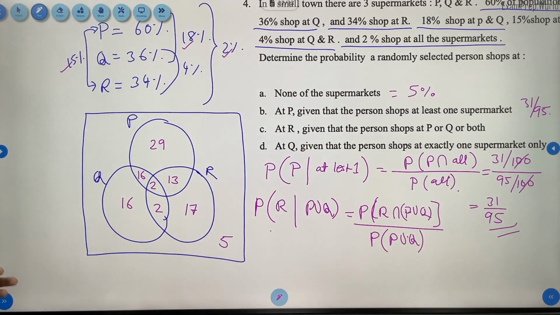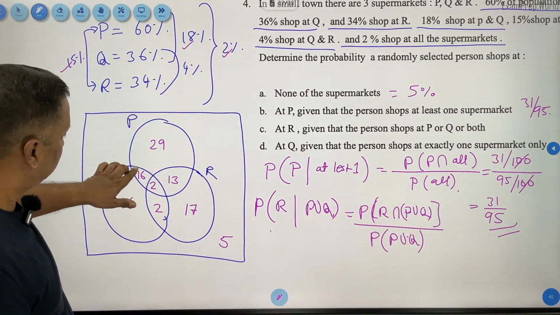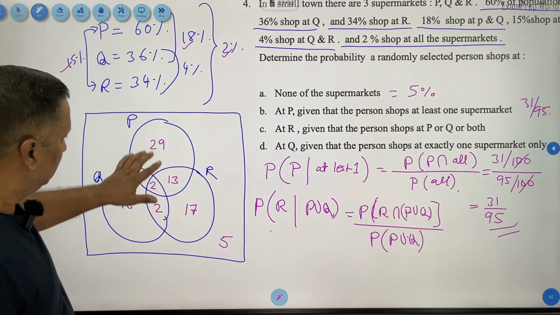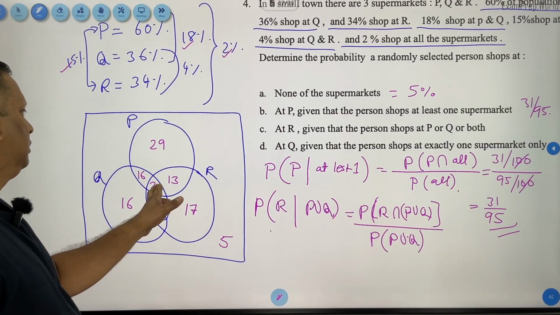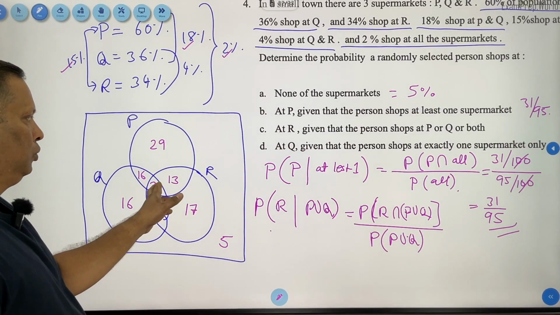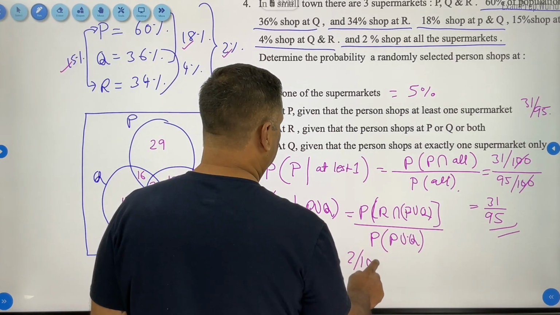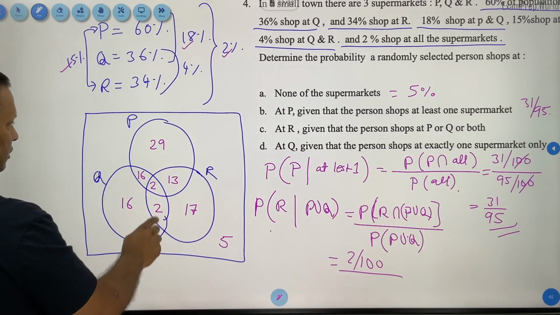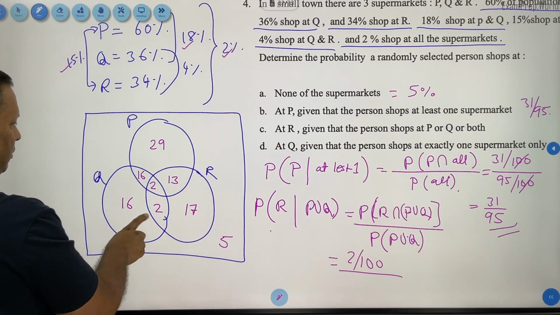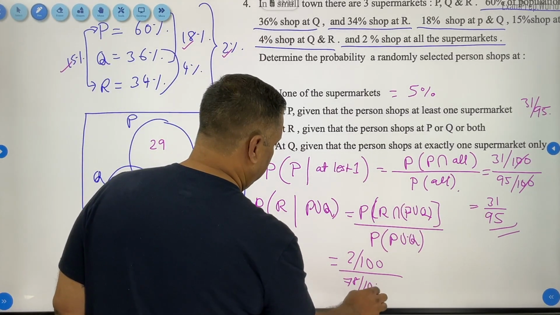Now let us write the answer. P union Q is all this area. This whole area, common with R, is only 2. Right? So it is 2 on 100 divided by P union Q, which is all these numbers, 60 plus 18, 78, 78 on 100.